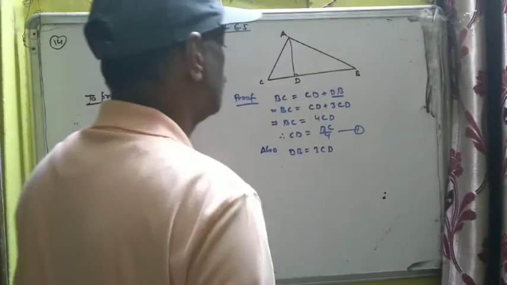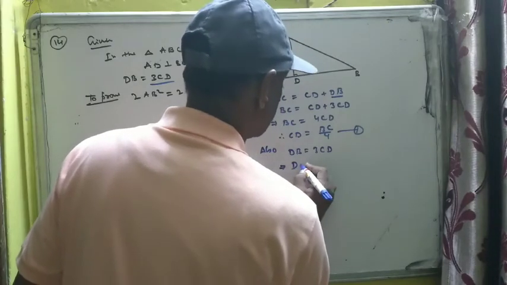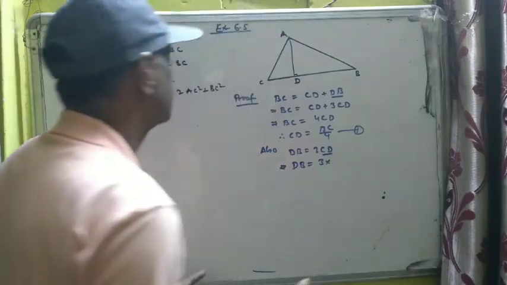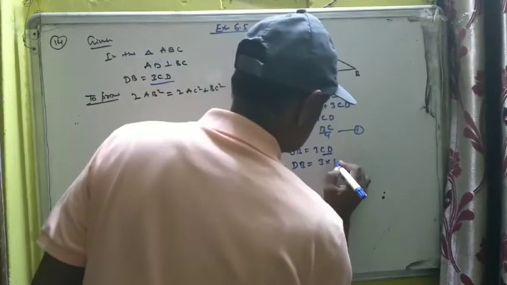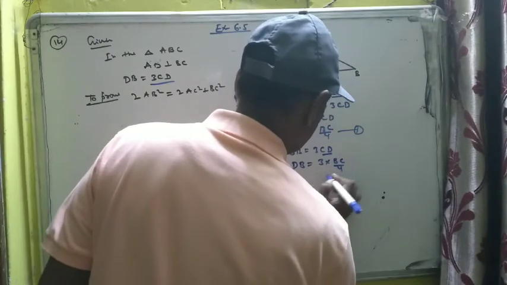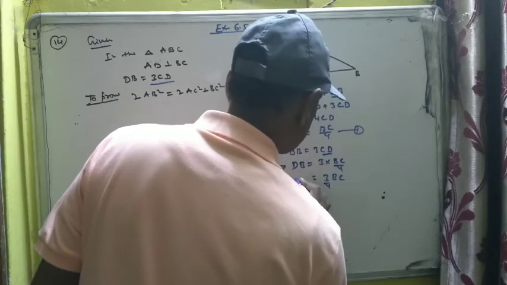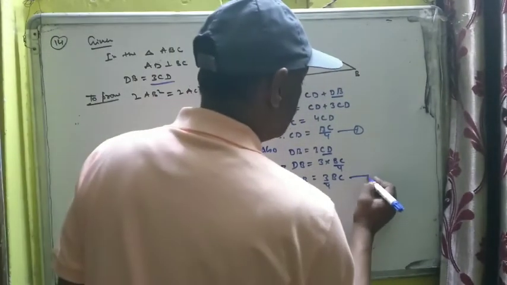Here we also want to write DB in terms of BC. So DB equal to 3 into, in place of CD we can write BC by 4. So this is 3 by 4 BC. This is the value of DB.